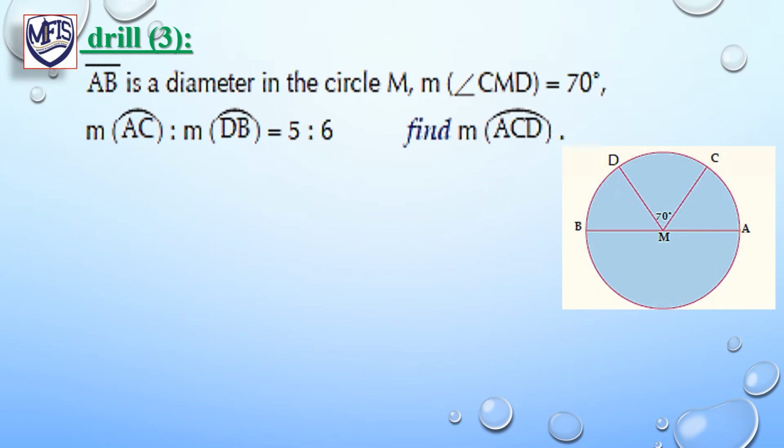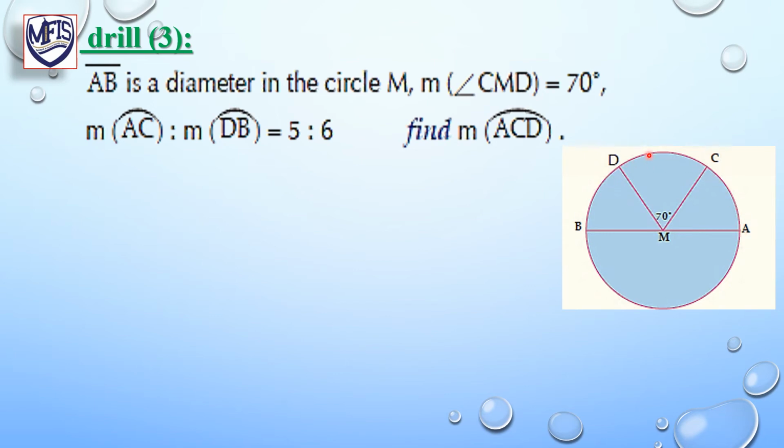Again, the ratio between measure arc AC to BD equals 5 to 6. That means AC is smaller than BD. Now find measure arc ACD.